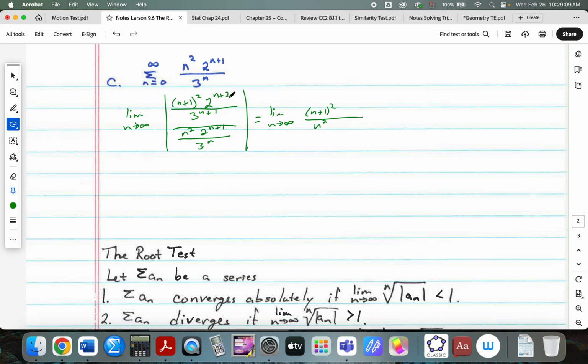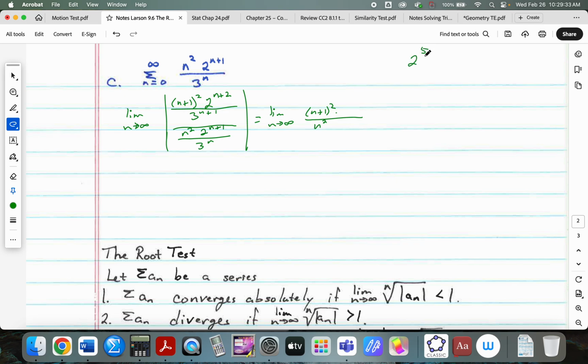I've got 2 to the n plus 2 divided by 2 to the n plus 1. What is that going to be? Pick a number for n. I don't care what it is. 3.